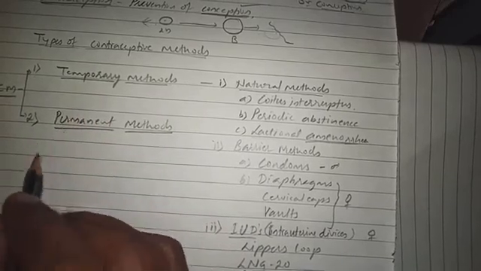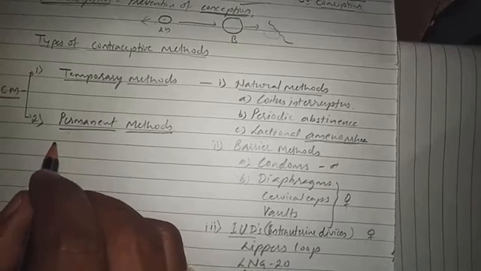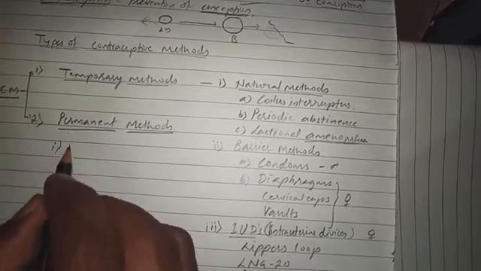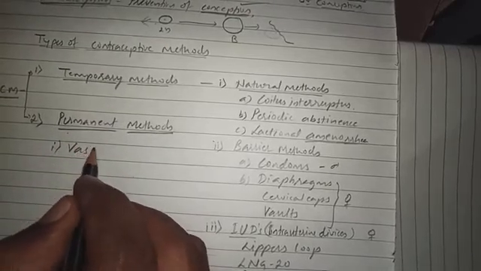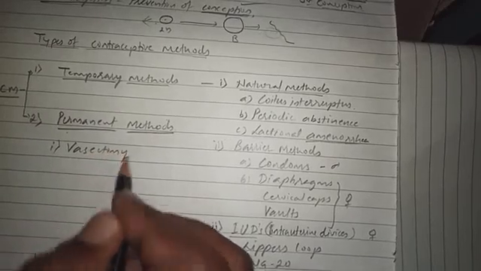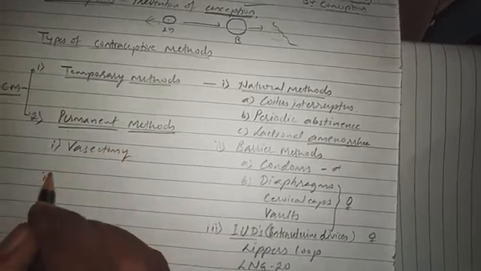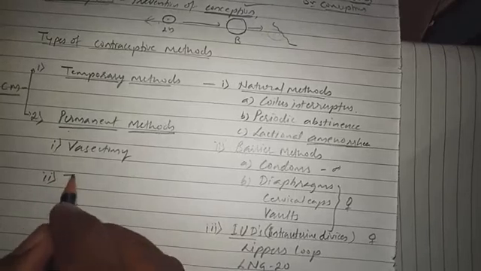The permanent methods include, first one, vasectomy, and the second one is tubectomy.